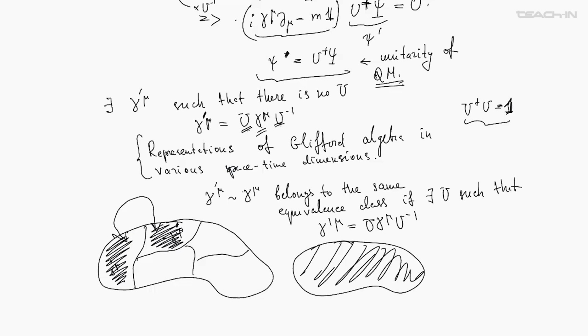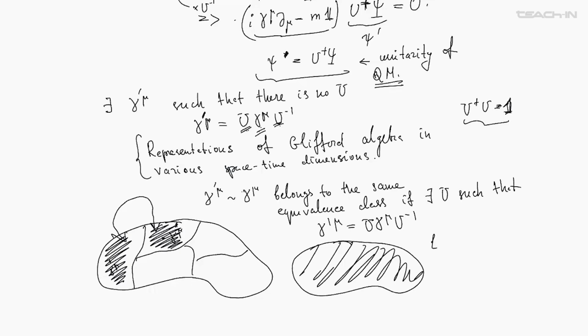In other words, one set you can choose to realize Clifford algebra, let's call it gamma mu prime, is always unitary equivalent to another set gamma mu. There will always be a unitary transformation relating this set of matrices.